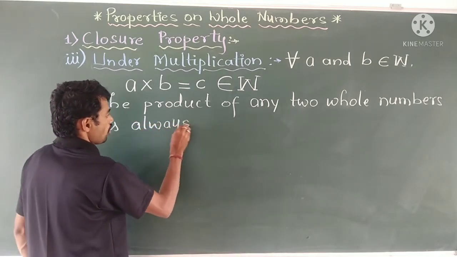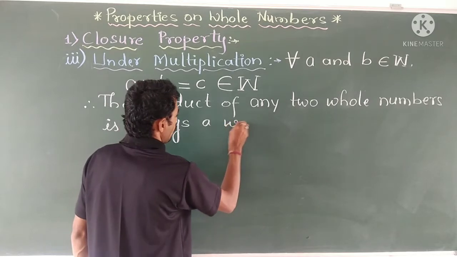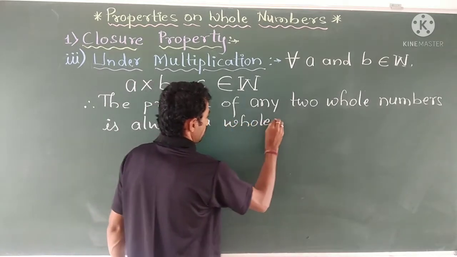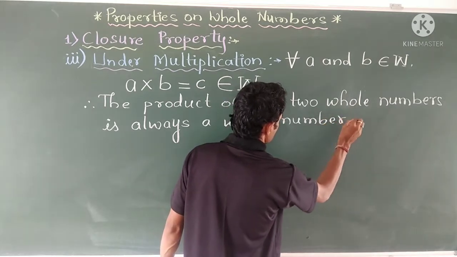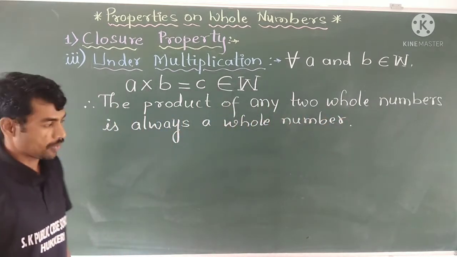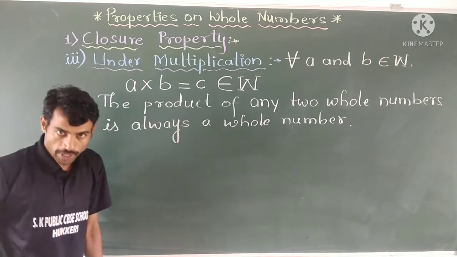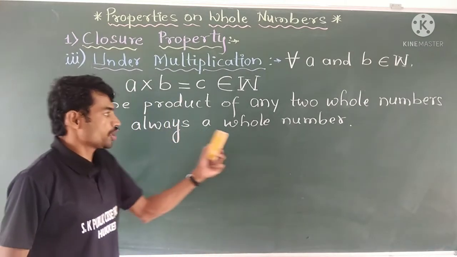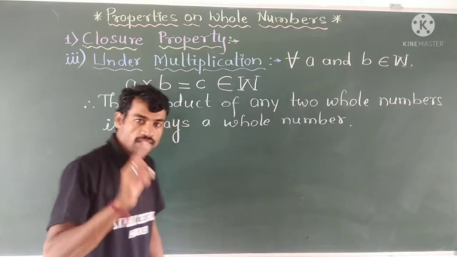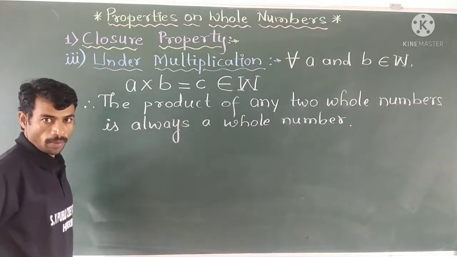Whatever product we obtain is a whole number. Any two whole numbers we take, we find their product, and the product we obtain is also a whole number.